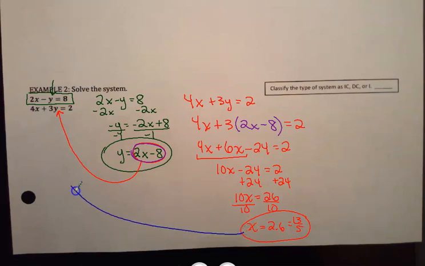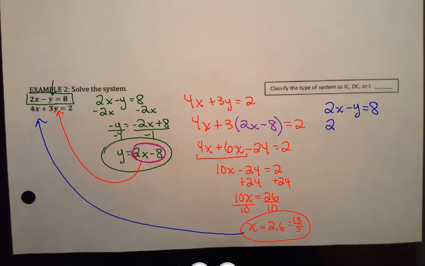So now my x is going into an original. Does not matter which original you choose. Okay. So I'm going to take the one with the smaller numbers here. So I'm going to use this 2x minus y equals 8. Okay, and I'm going to plug in my x value. So I'm going to have 2 times x.